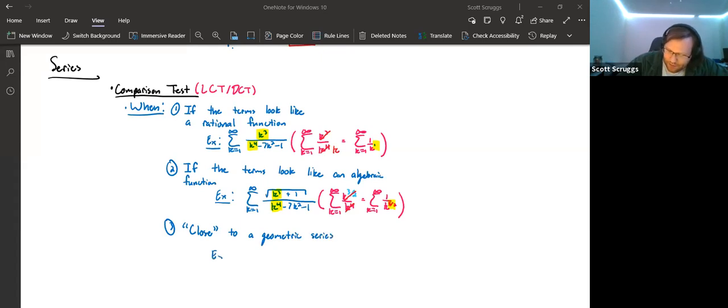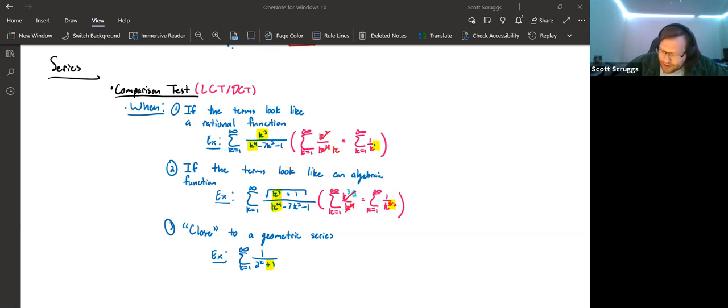So the sample there would be 1/(2^k + 1), for example. Note that I cannot use the geometric series test right off the bat because I have a +1 term in my denominator.